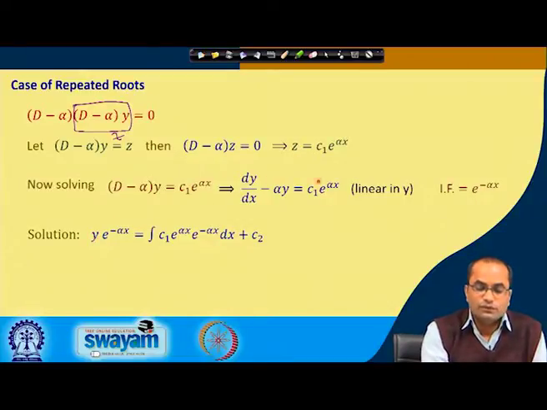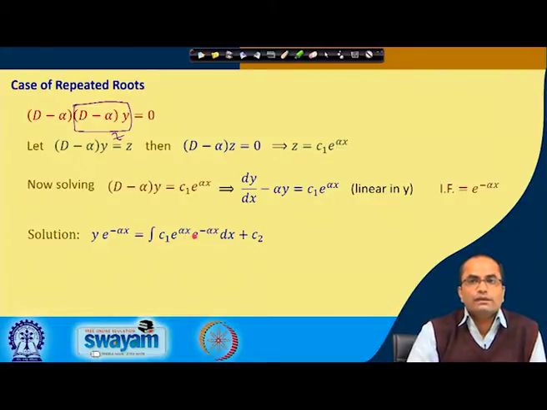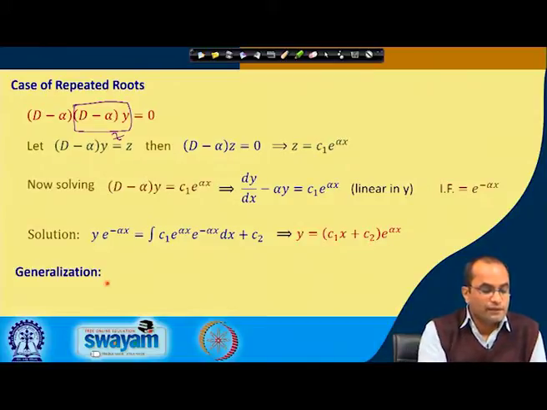So, y times e power minus alpha x is equal to the integral of c 1 e power alpha x multiplied by e power minus alpha x dx, plus c 2. Here e power alpha x cancels with e power minus alpha x, leaving c 1, and when we integrate we get x. So, y is equal to c 1 x plus c 2 times e power alpha x.